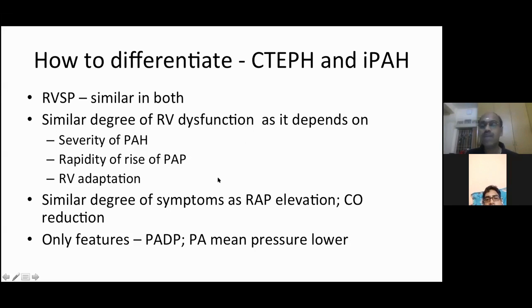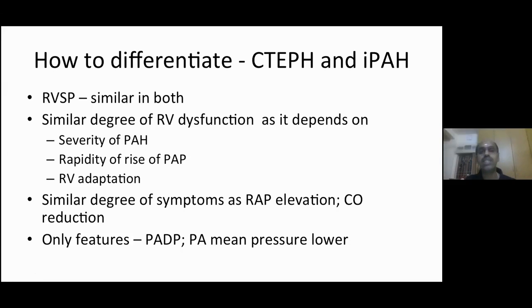The pulmonary vascular resistance will be high in both conditions, but for the same cardiac output, chronic thromboembolic pulmonary arterial hypertension will have a lower PVR, because most of the time it will have a lower pulmonary artery mean and a lower pulmonary artery diastolic compared to idiopathic pulmonary arterial hypertension.